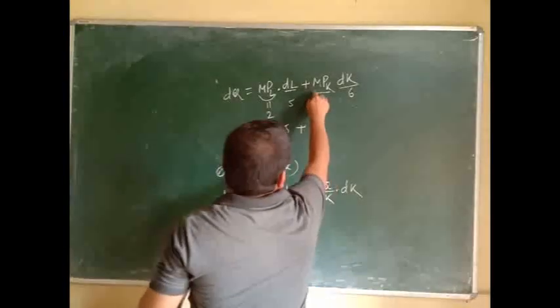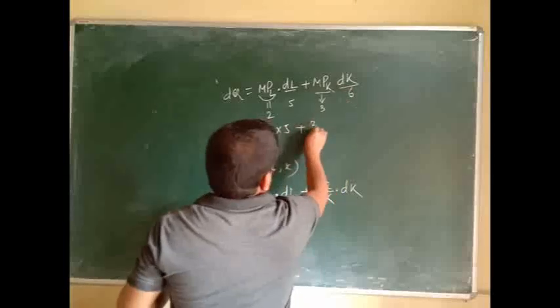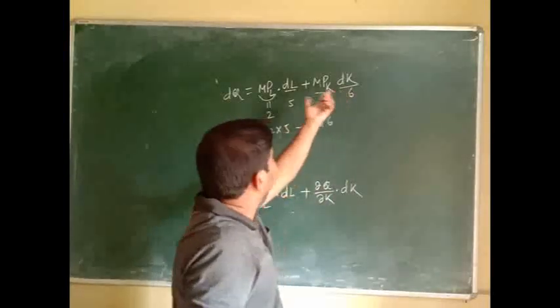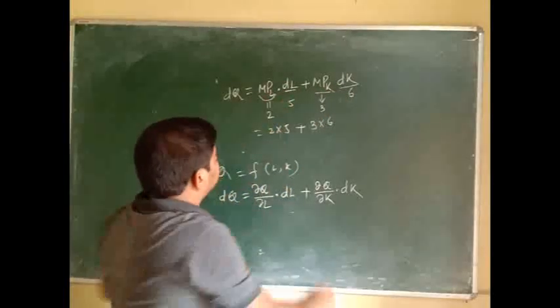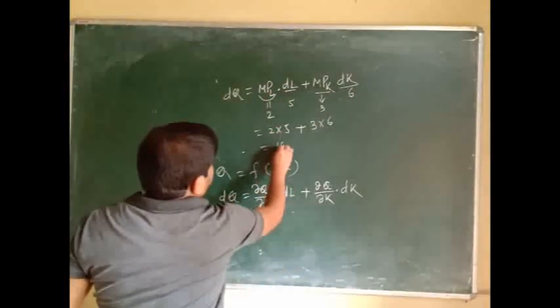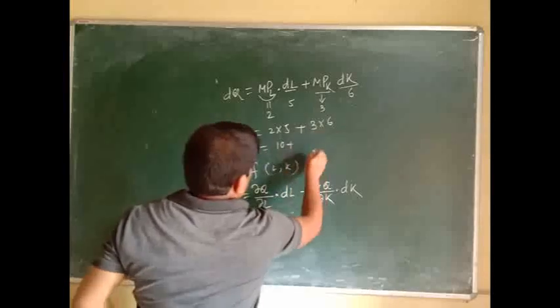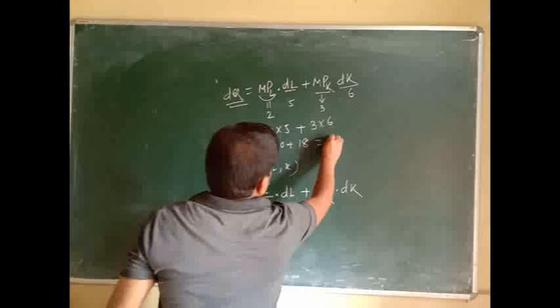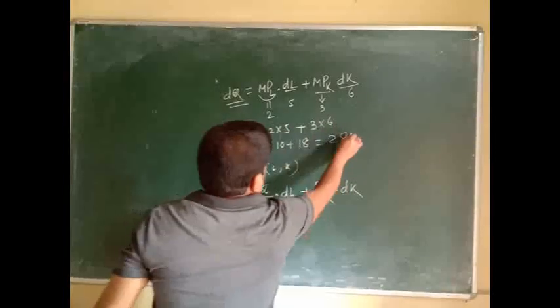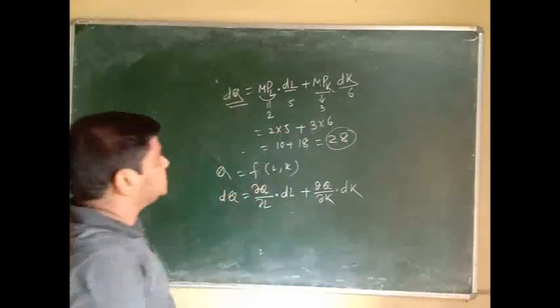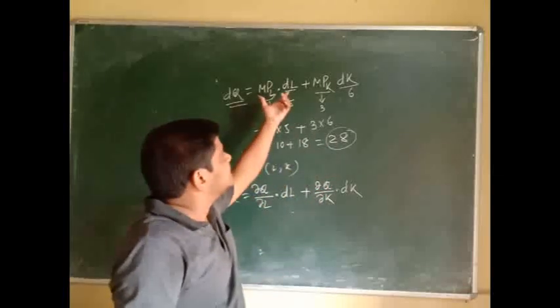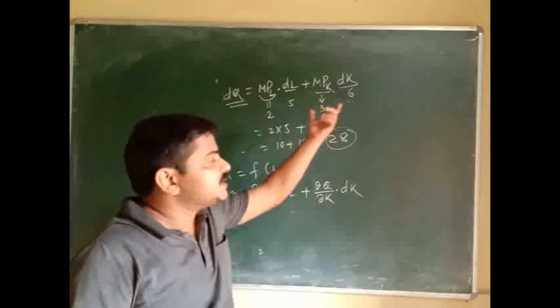Then it will be 6 into 3. So there is the total contribution of capital, and there is the total contribution of labor. So that is 5 into 2, that is 10, plus 6 into 3, that is 18. So the total change in Q is equal to 28. That 28 we have obtained from the change in labor and change in capital simultaneously.